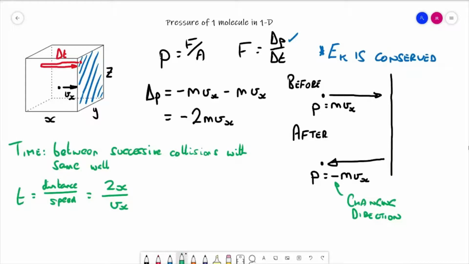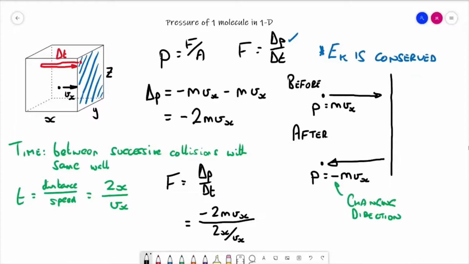Let's tie both of these together then to at least calculate the force before we move on to a new slide. So we know that force is rate of change of momentum. We've got the change of momentum, which is minus 2mvx. We've also got the time now, which is 2x over vx.